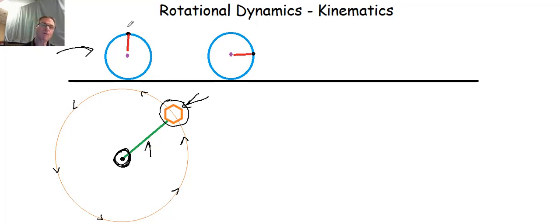And what would happen if I took my wheel and started rolling it so that I rolled it through some angle, and now my dot is over here at this position, okay? Well, my wheel has a radius, and this radius is denoted by the red line there. So that's my radius.